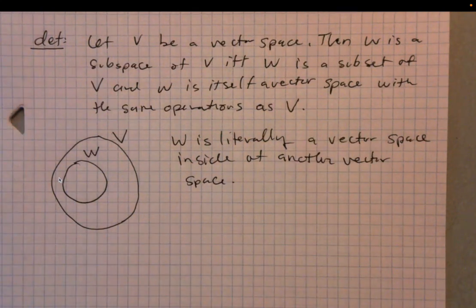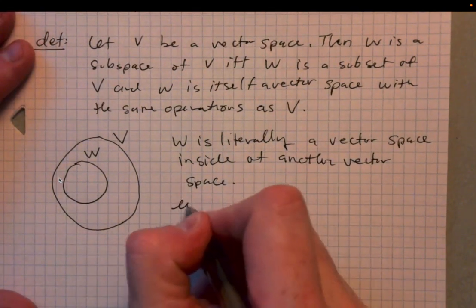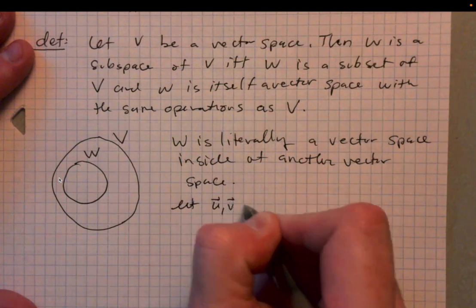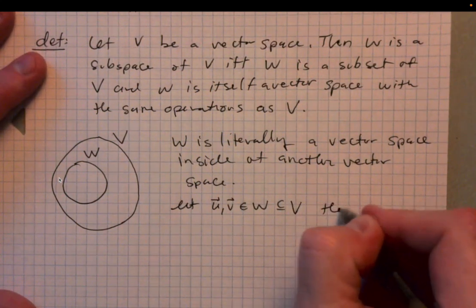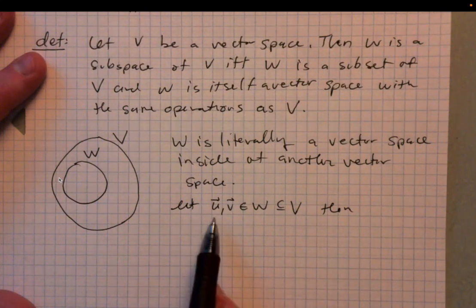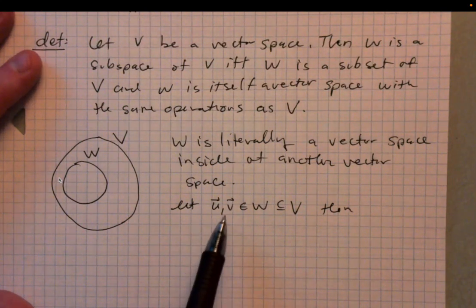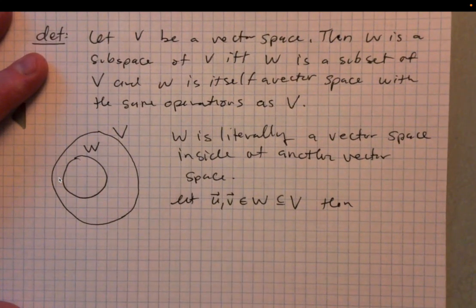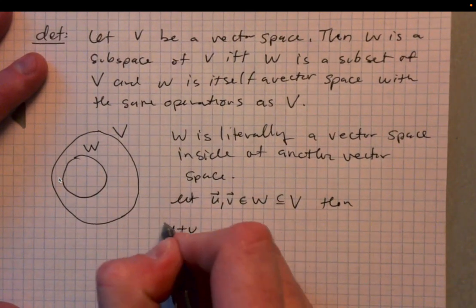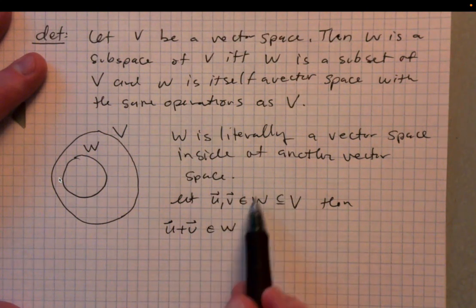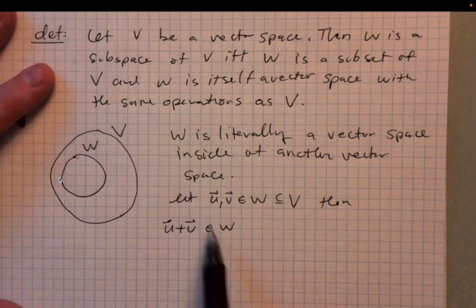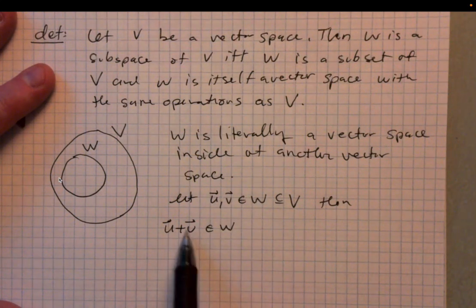So if we let u and v be in W, which is a subset of V, then think about what happens when we perform the operation of vector addition and scalar multiplication on u and v. Then u plus v needs to be inside of W because W is a vector space. It's also a subspace, but it happens to be a vector space as well, so it's going to be closed. So elements inside of W will stay inside of W when you add them together or when you multiply them by a scalar.